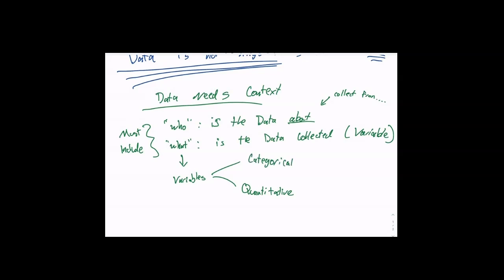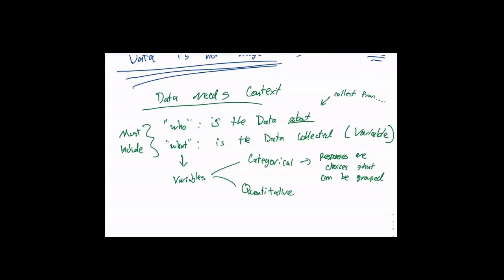So we have categorical and quantitative. Categorical are when the responses are choices that can be grouped.